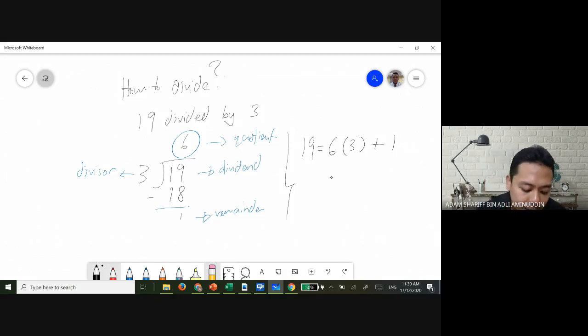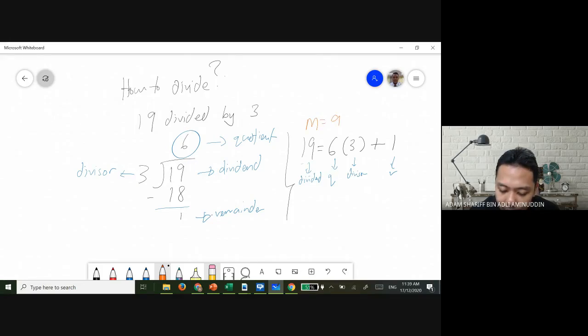If you change it into this form, then this is the dividend, equals the quotient, Q, times the divisor, plus the remainder, R. In the notes, it shows that this can be represented as M equals QN plus R.